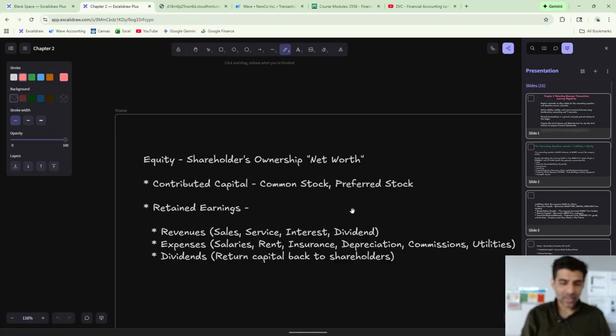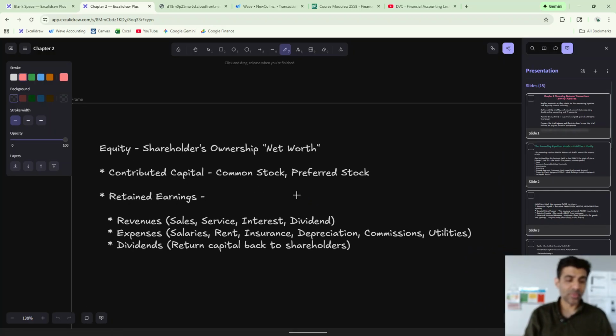And then the equity. There's a lot going on in the equity section because the revenues and expenses all flow through this section. Remember, you can consider this like your down payment when you're buying a house.